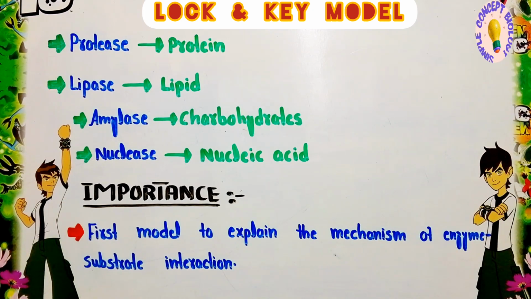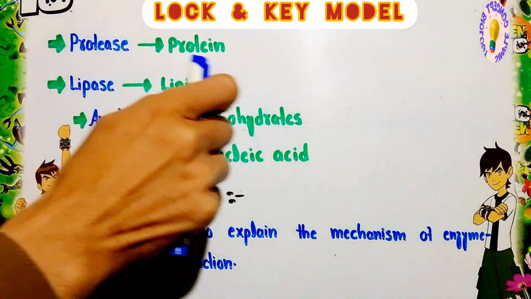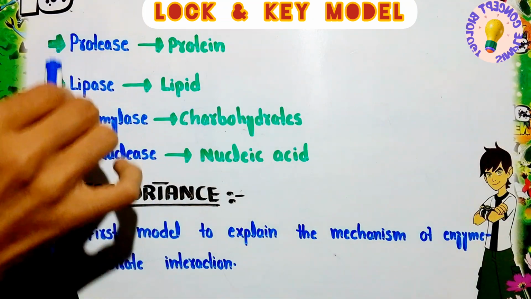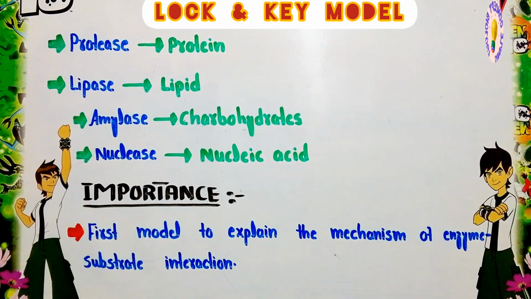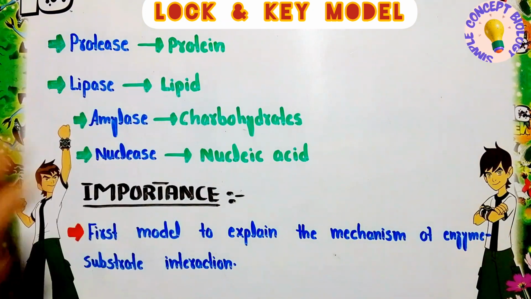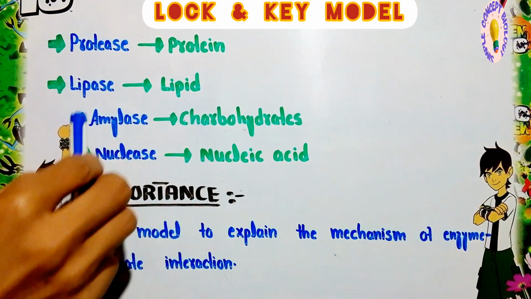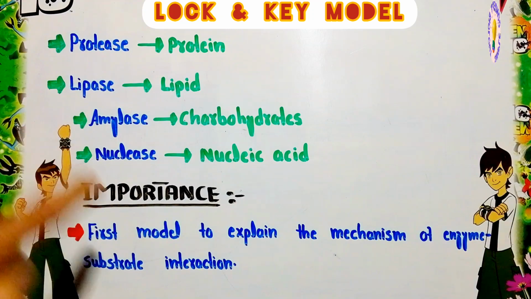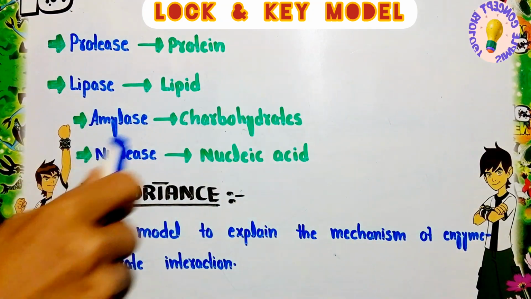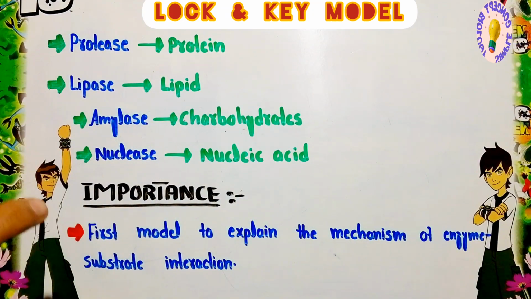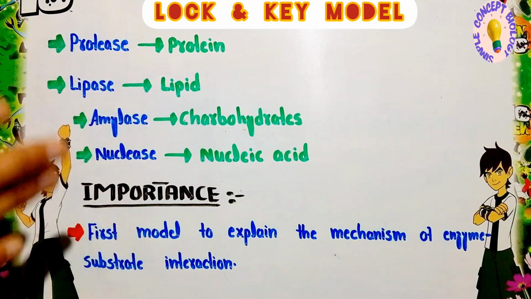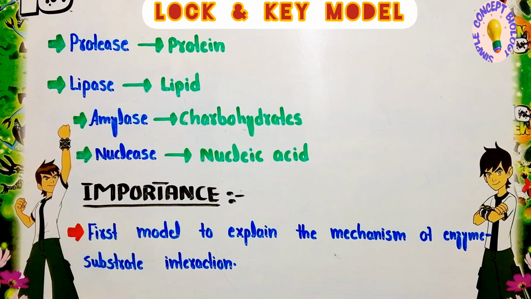Protease is a non-regulatory enzyme which acts only on protein, while lipase is also a non-regulatory enzyme which acts only on a specific substrate, that is lipid. Amylase acts on a specific substrate, that is carbohydrate, while nuclease acts on a specific substrate, that is nucleic acid. These are examples of the non-regulatory enzyme. Now what is the concept?